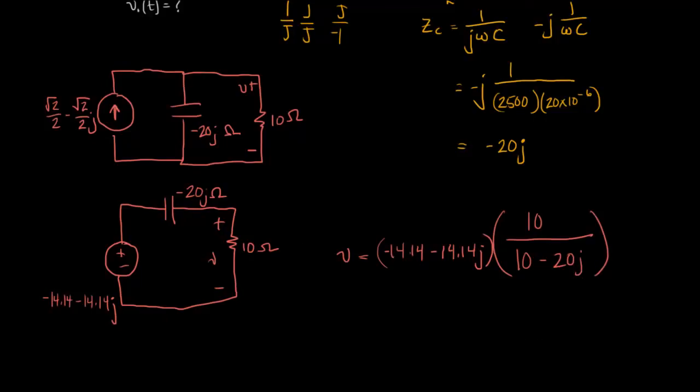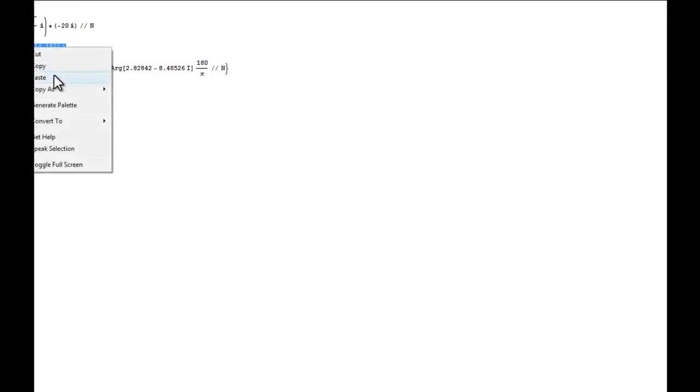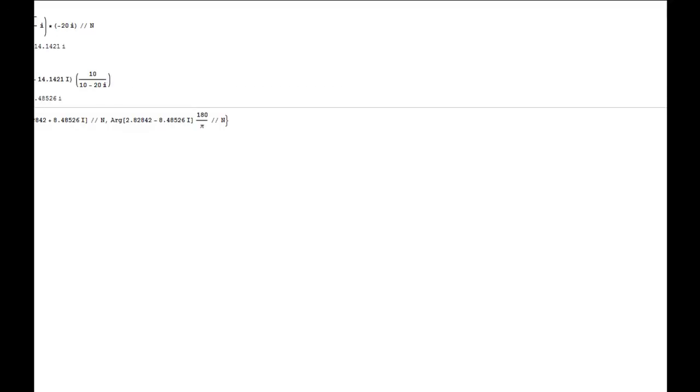Okay, so I'll come over into Mathematica and just plug that in really quickly. So I'll just take this and copy it. And I'm going to put it in parentheses because I want to multiply this entire expression times 10. This is control / to make a stacked fraction. 10 minus 20 I. Okay, and when I calculate that, I get this value here.